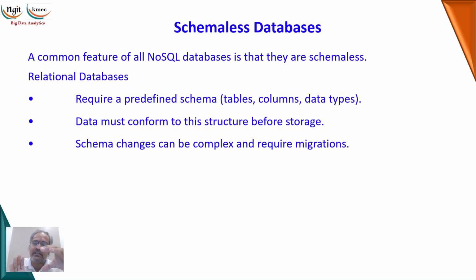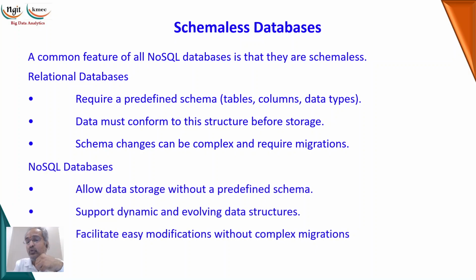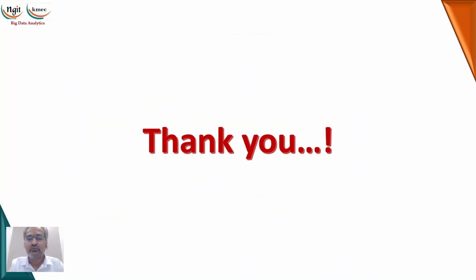So it has to follow the structure of the data, and schema changes can be complex and require migrations. In NoSQL databases, data can be stored without a predefined schema, and they support dynamic and evolving data structures and facilitate many modifications without complex migrations. So these are the various things about relationships and various database structures in NoSQL concepts.